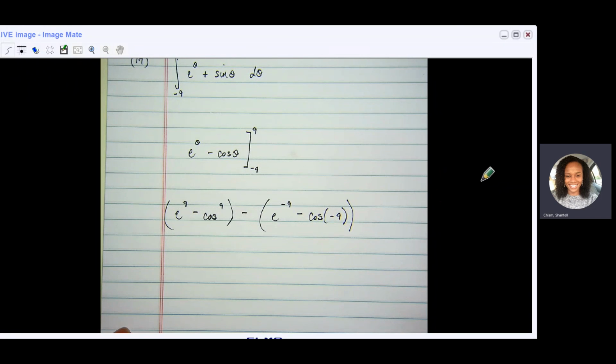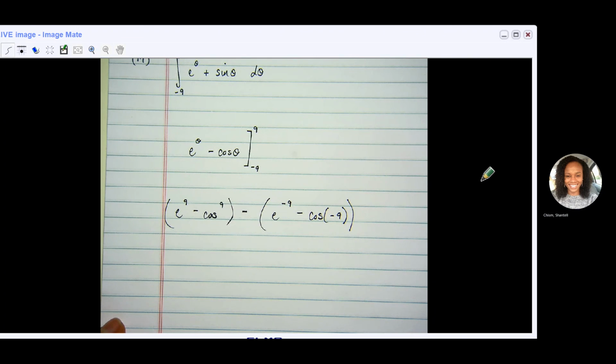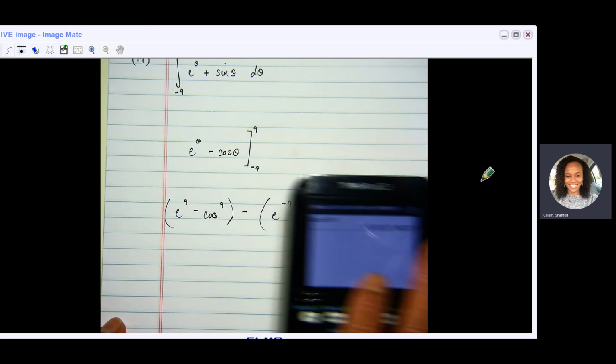All right, finishing this up. e to the 9th is just some number, some decimal, so we're going to just keep that as e to the 9th. Cosine of 9, let's see what that is. That is just some decimal.